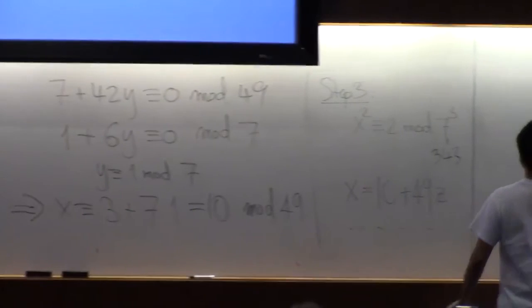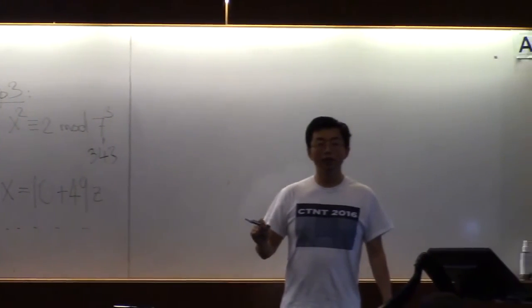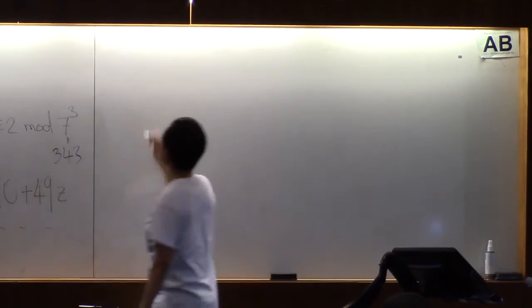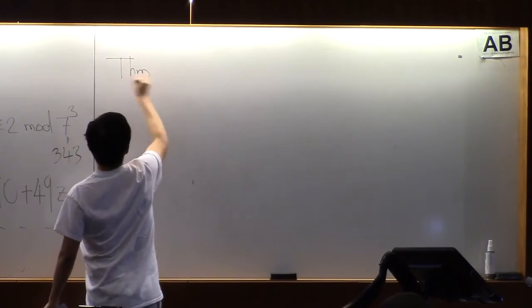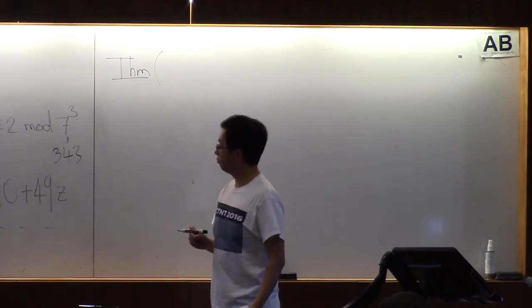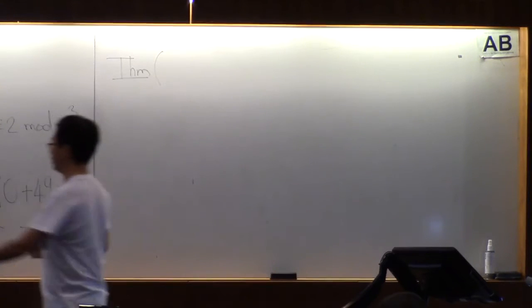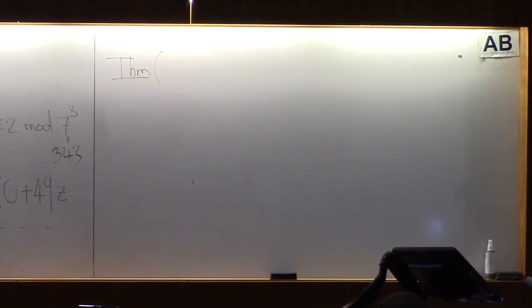Are there any questions about the procedure? So using this, you can write that as 7 plus this, and then whatever you compute here, and then just add 7 squared times that number.